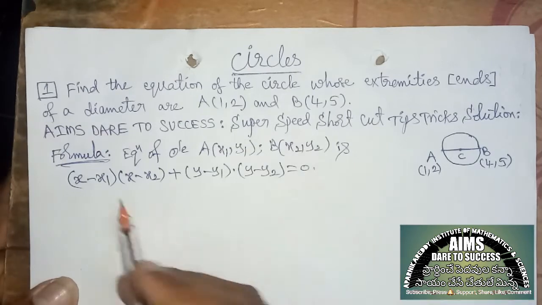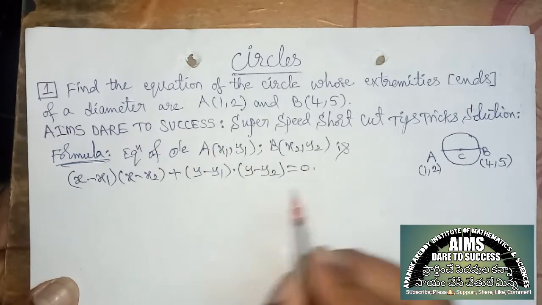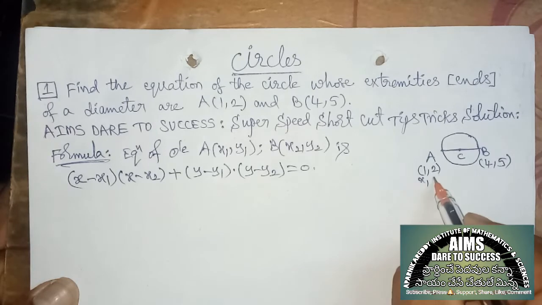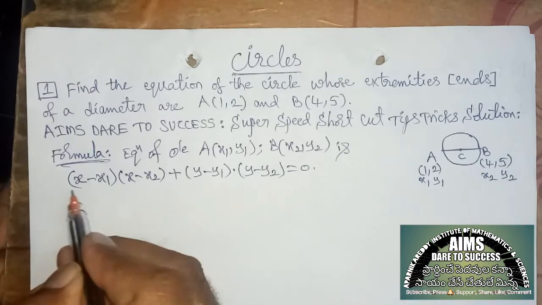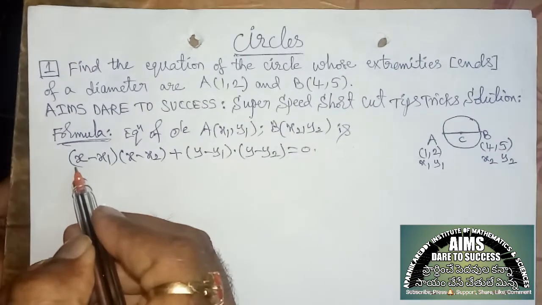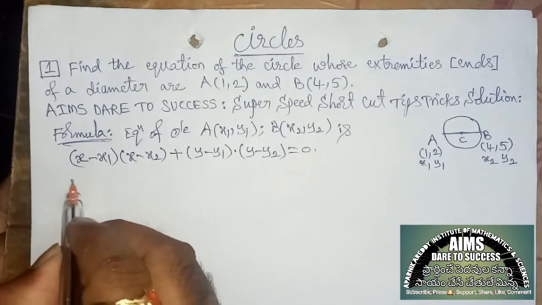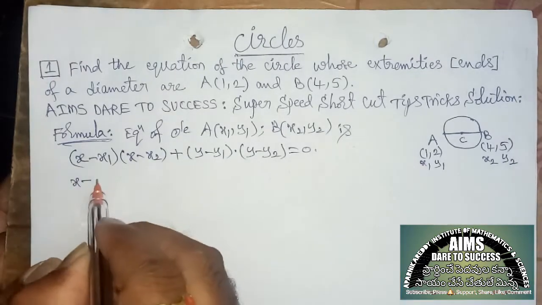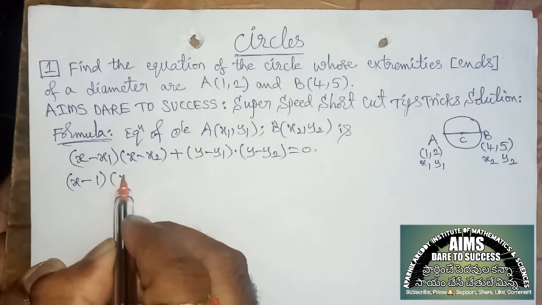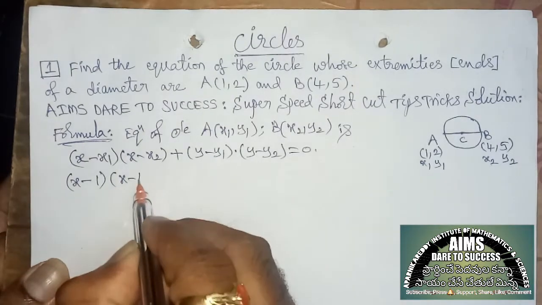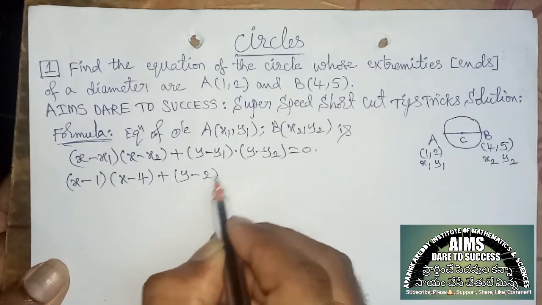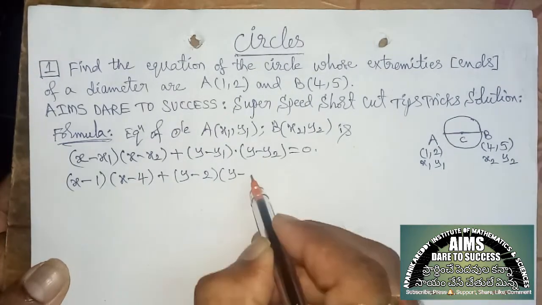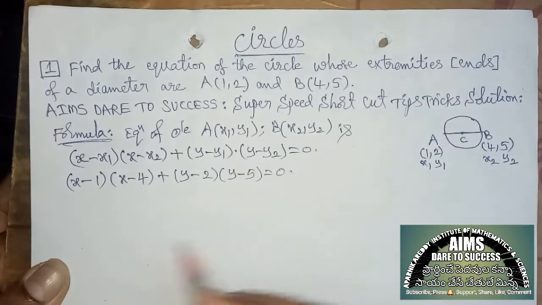According to the given problem, (1, 2) is (x1, y1) and (4, 5) is (x2, y2). Substituting here: (x minus 1)(x minus 4) plus (y minus 2)(y minus 5) is equal to 0.